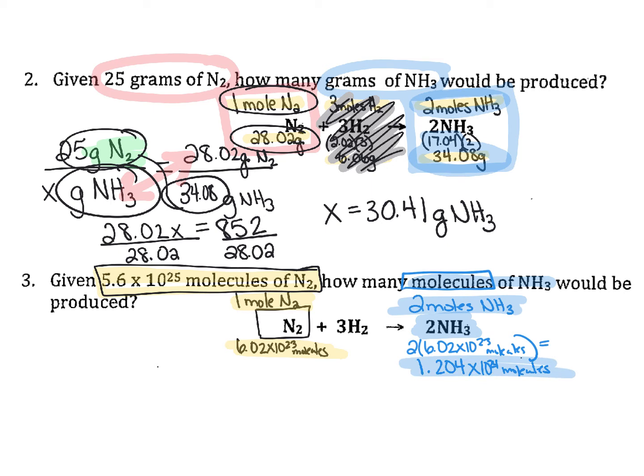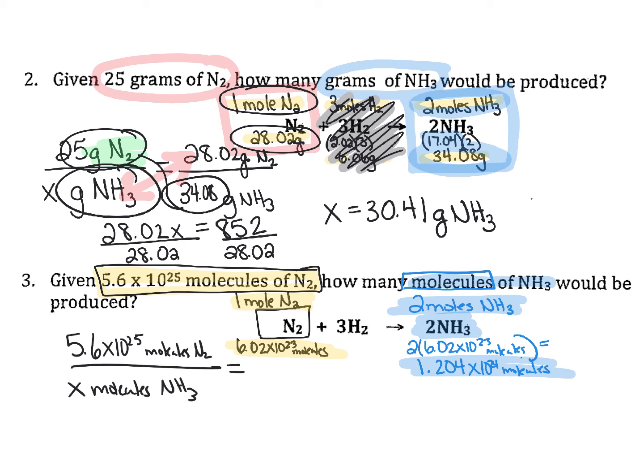So now I can set up my problem. I'm given 5.6 times 10 to the 25th molecules of N2. I want to find out how many molecules of NH3 I need.